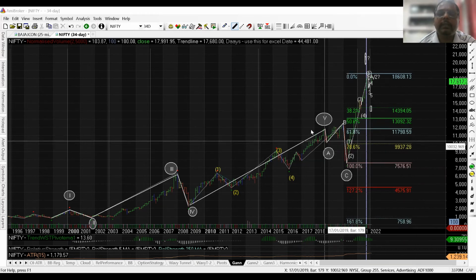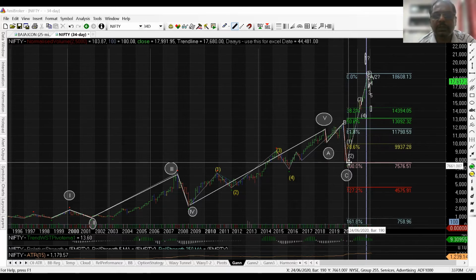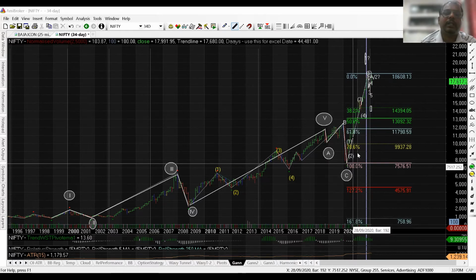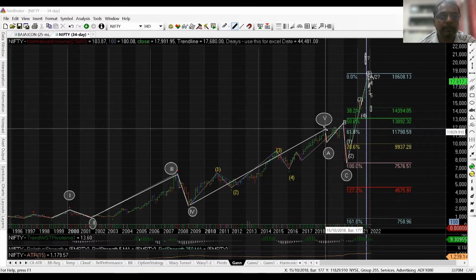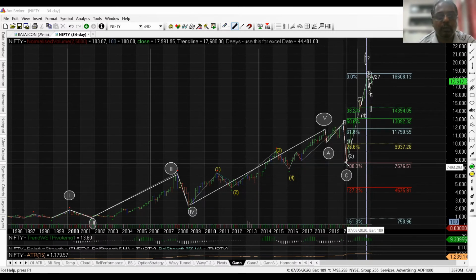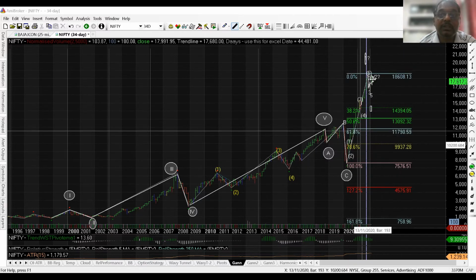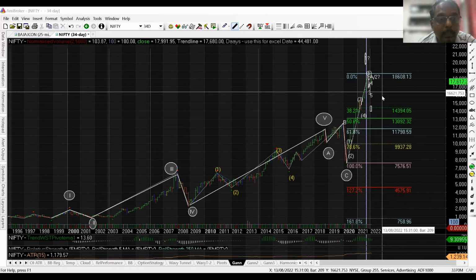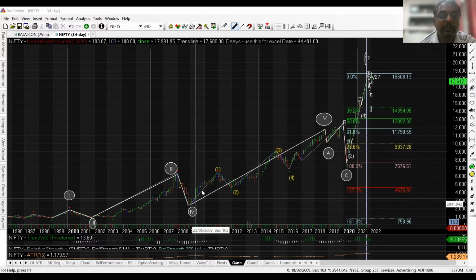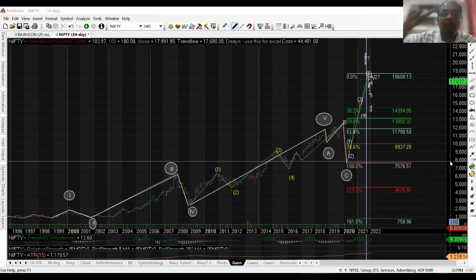But now I believe that this was the first wave which got over with this wave C, and now we have started a kind of a wave 3. So this whole wave is a wave 1, and then you had a wave 2, and now we are in wave 3. Okay, so this is not the wave 3, this is one of wave 3. Okay, fractal nature. So for example, this one is the same as this one, but at a higher level.